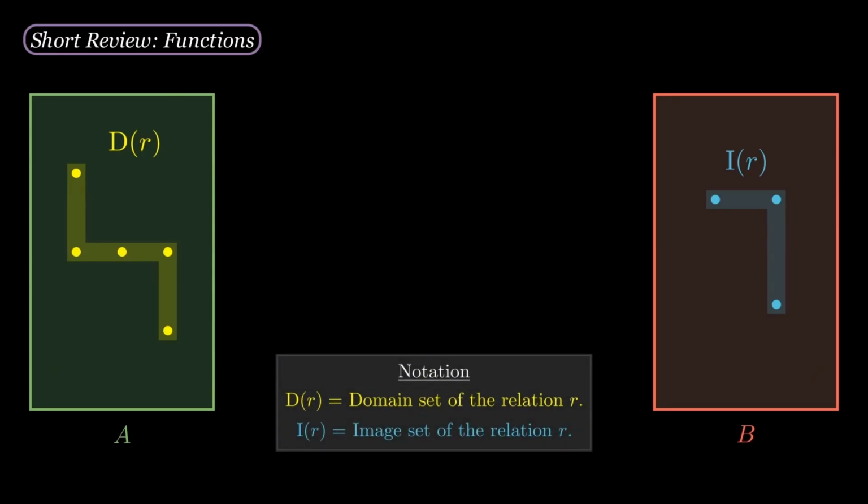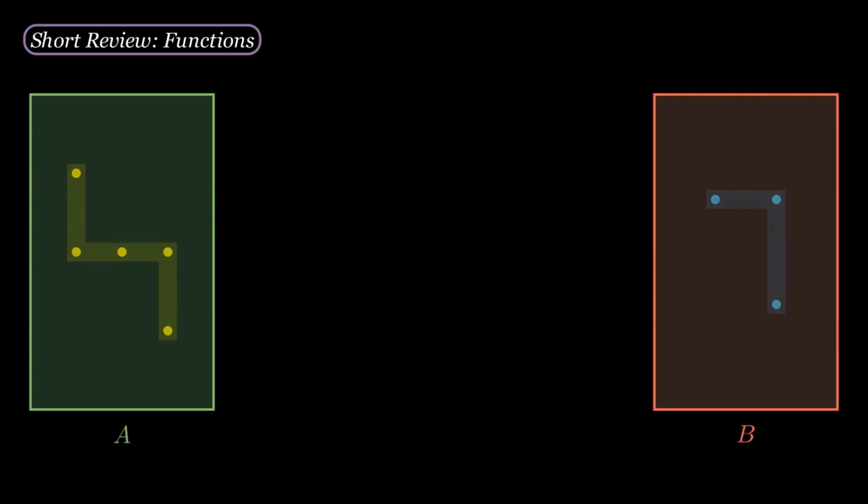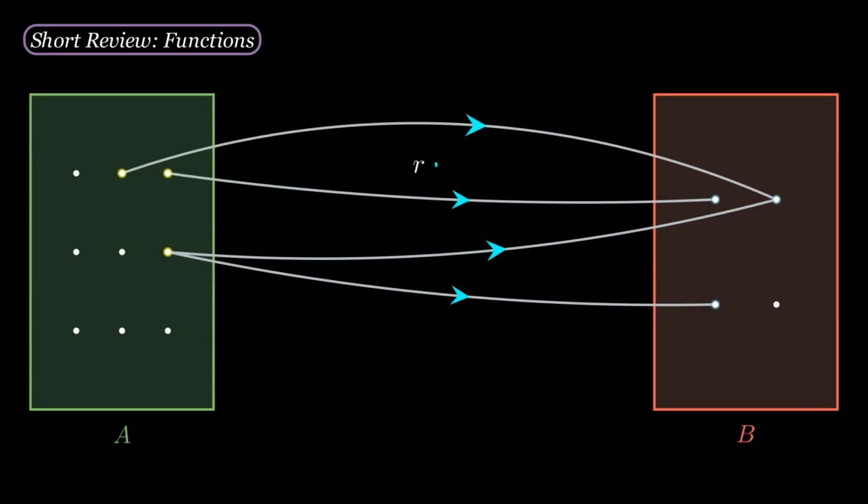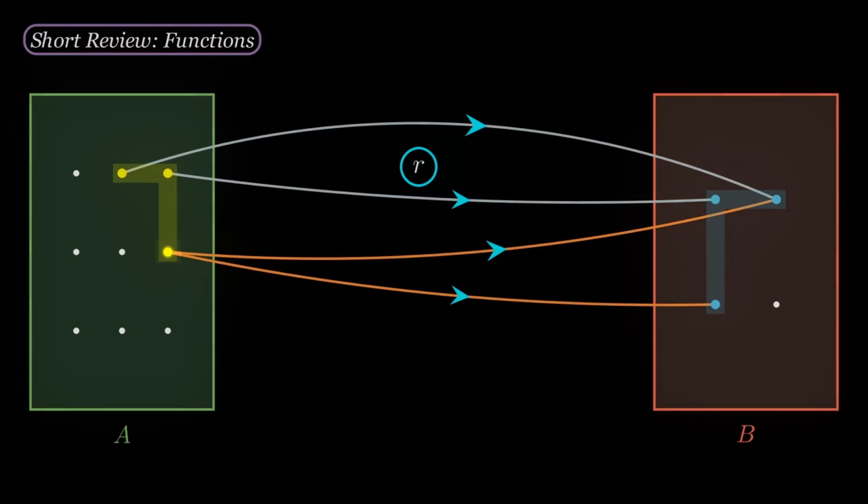A function is a relation which satisfies the additional requirement of having no domain points with more than one arrow. For example, if we consider the following collection of arrows, note that there are two of them emanating from the same domain point.